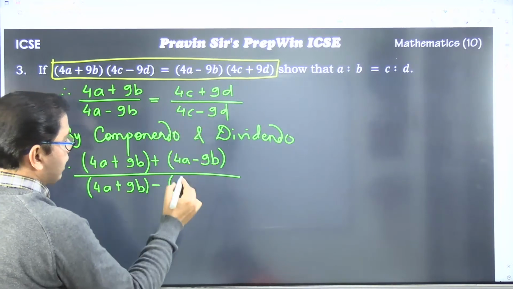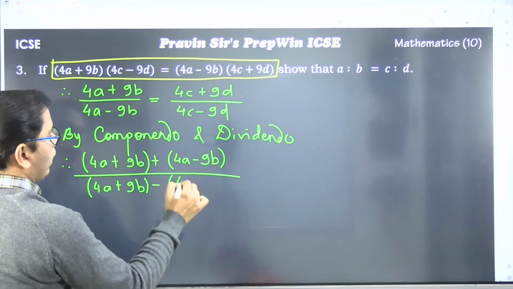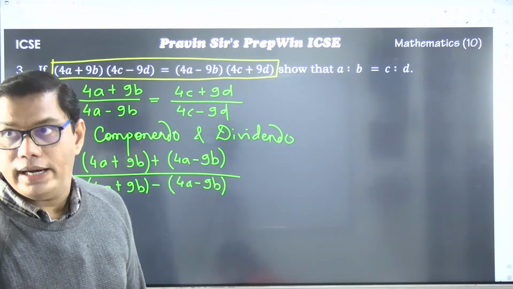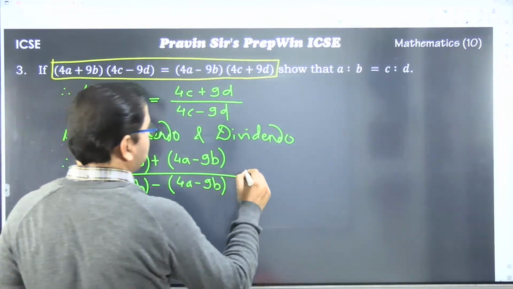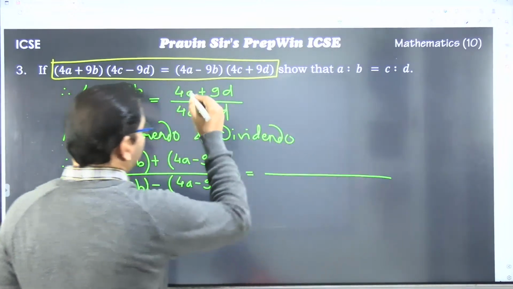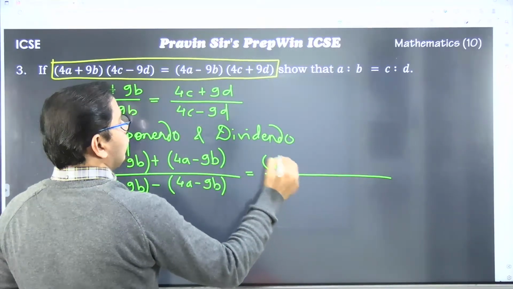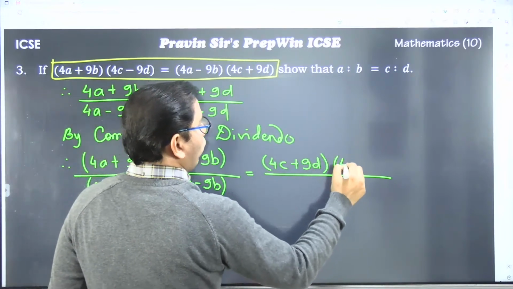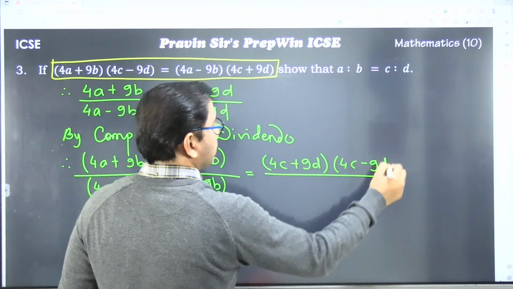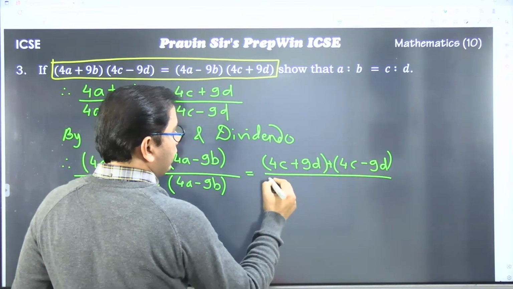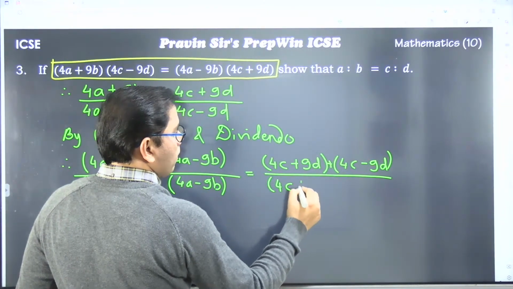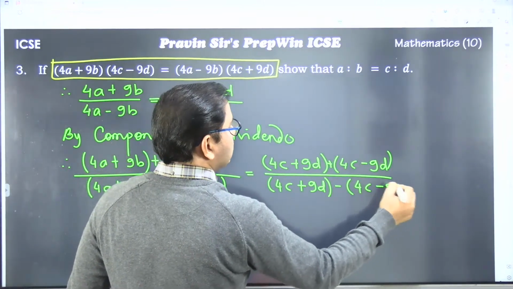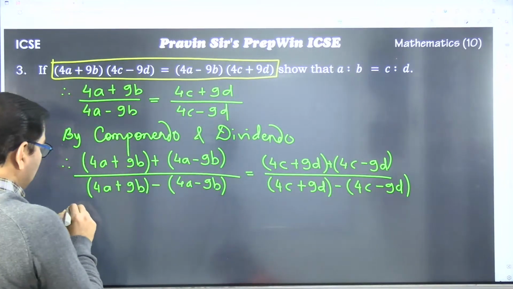Use brackets because there are two values, 4a minus 9b. On the right hand side, same thing: numerator plus denominator upon numerator minus denominator, so (4c + 9d + 4c - 9d) upon (4c + 9d - (4c - 9d)).